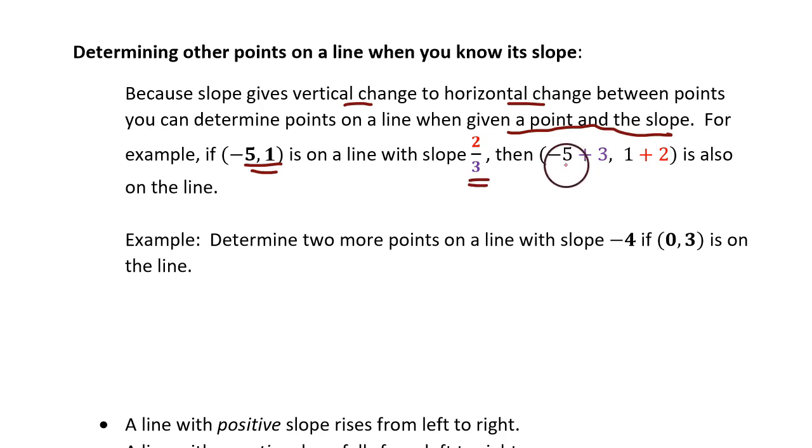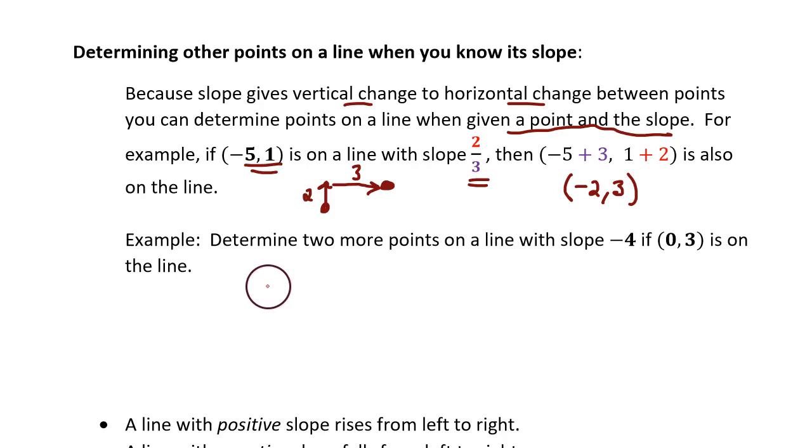Then, -5 plus 3 and 1 plus 2 would find another point on the line. This turns out to be (-2, 3). If a line has a dot at (-5, 1), and you rise 2 units and run 3 units, you can find that next dot. It will be at (-2, 3).